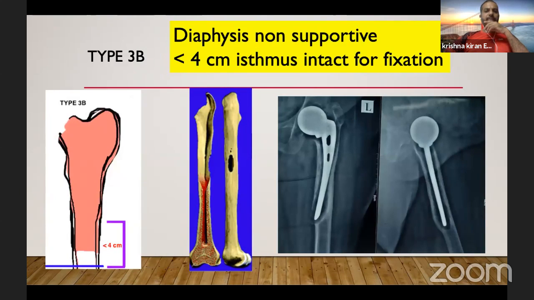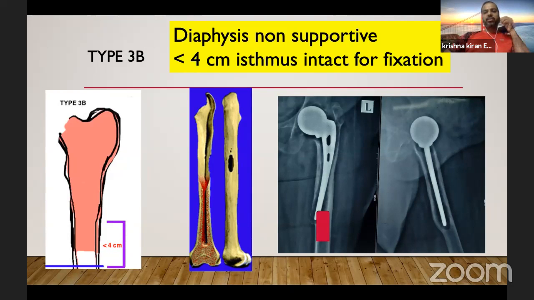In type 3B defects, the diaphysis is non-supportive, as there is less than 4 centimeters of isthmus intact for fixation. So this is a 3B defect where the metaphysis is gone and the diaphysis is partially supportive.